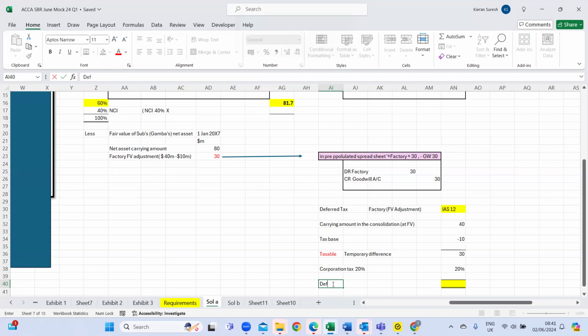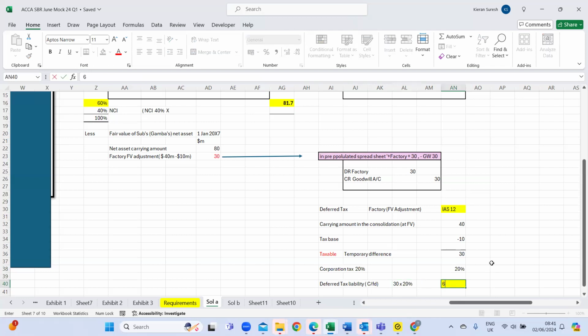This is your deferred tax liability. That means this is what your carried forward balance should be. They're saying please go and equal your carried forward balance to what figure? To 6.